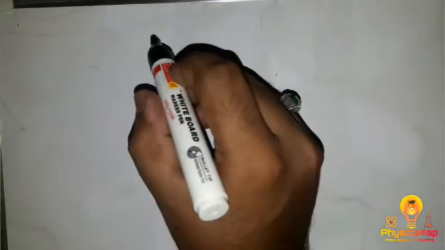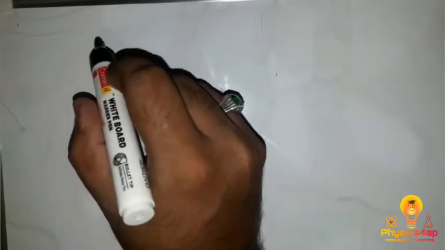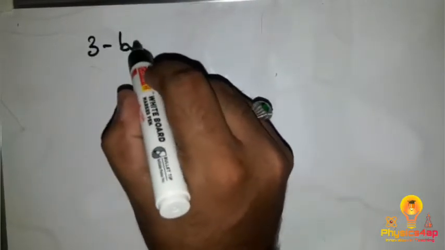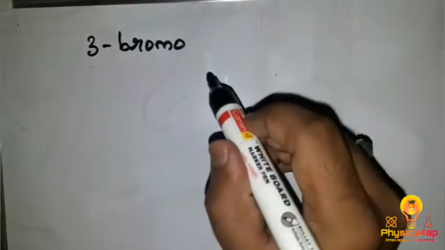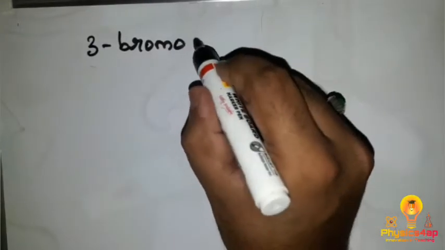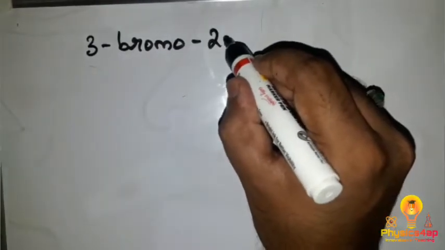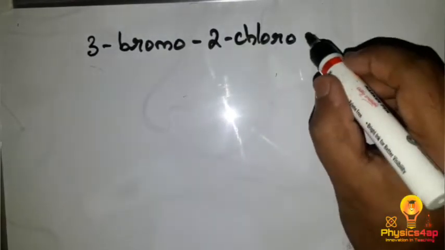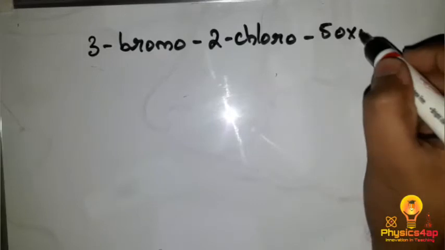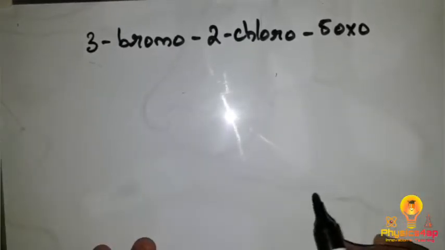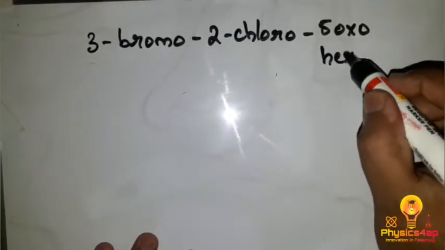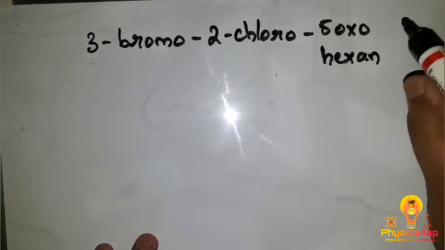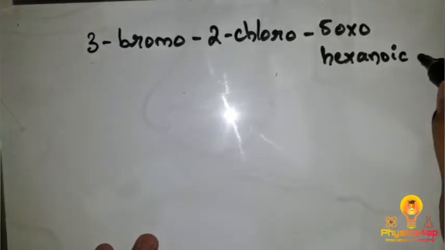So this time let's go for a little bigger one: 3-bromo-2-chloro-5-oxohexanoic acid.